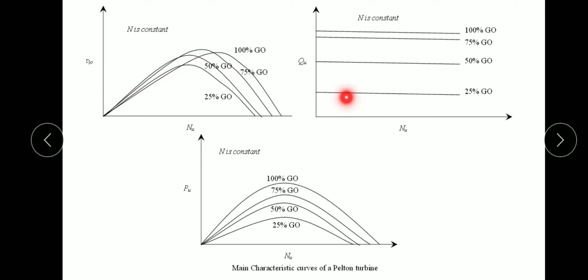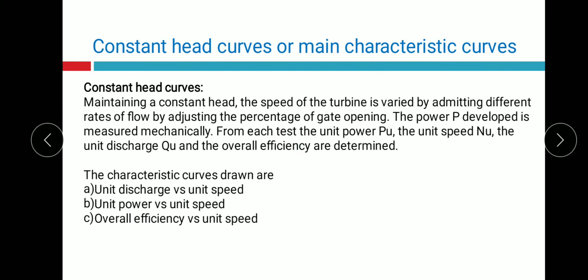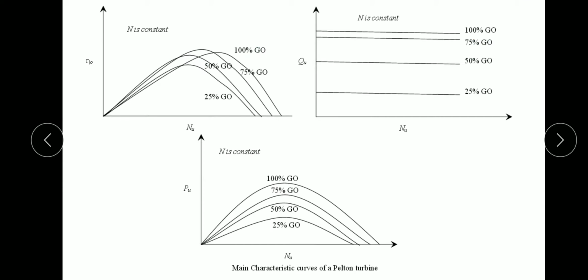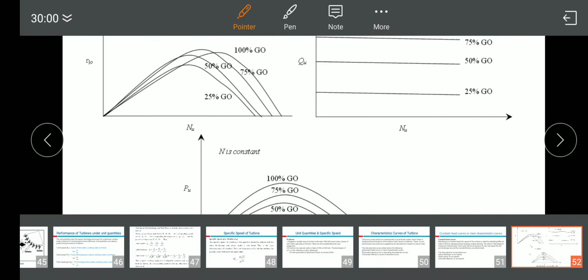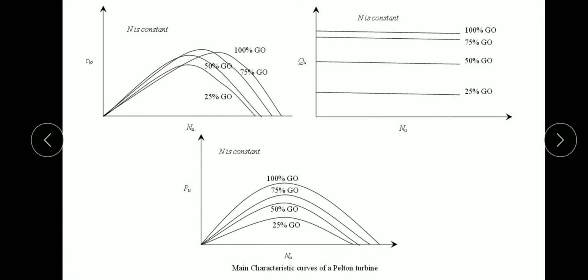Coming to the discharge, it will obviously be more when the gate opening is full. That's why you are getting the Qu value constant or slightly decreasing for 100% gate opening, 75% gate opening, 50% gate opening and 25% gate opening.